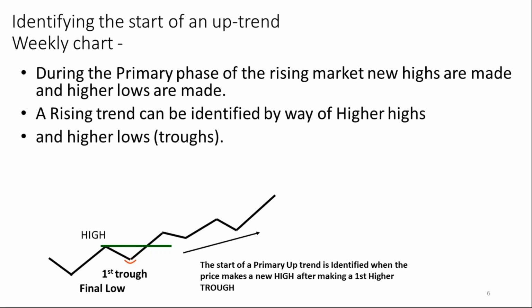There's a lot of misinformation around about trends. A trend is price-based. It's not indicator-based. It is not an average crossing over another average. It's not an average rising. It is simply price-based. And we break trend down into two components. One is the primary phase, and the other one is the secondary phase.